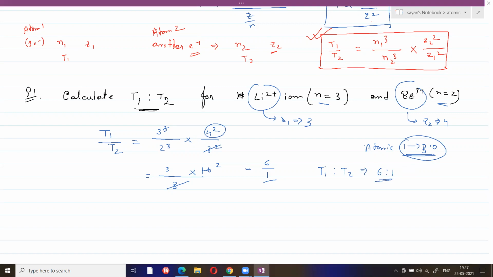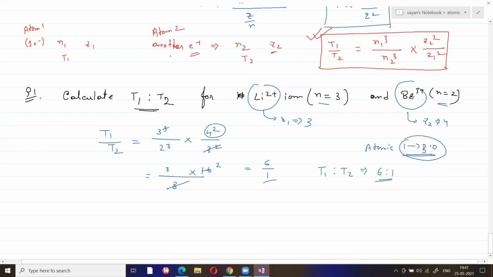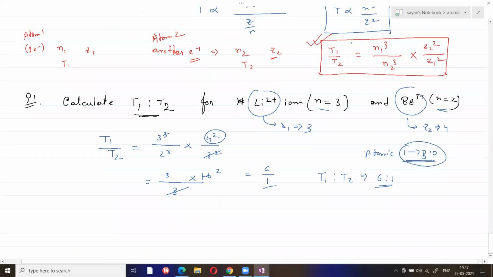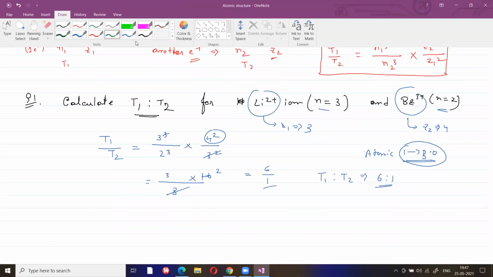Any doubt regarding this part? Okay. Next, I am going to the frequency. What is frequency?